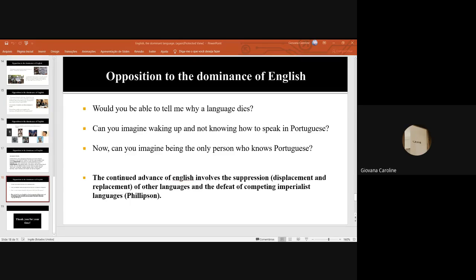So, if, for example, you forget everything about Portuguese, but you know English, so can you, like the teacher usually does, translate some phrases in Portuguese to English?